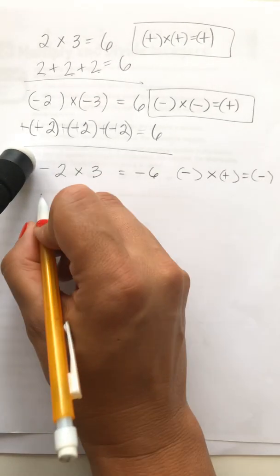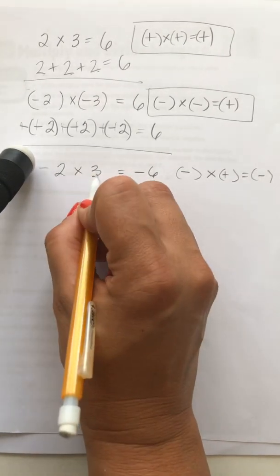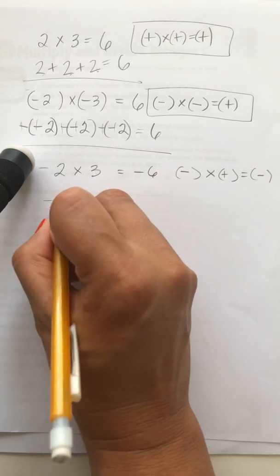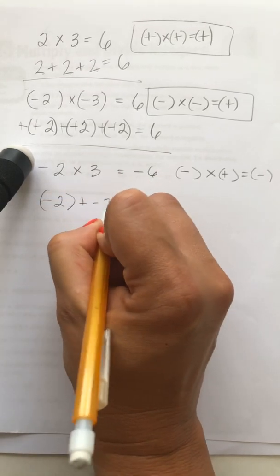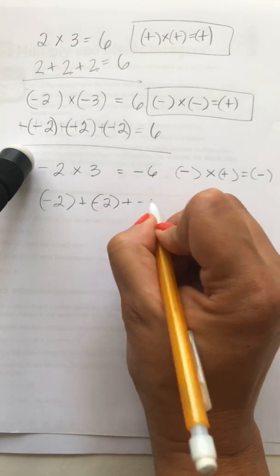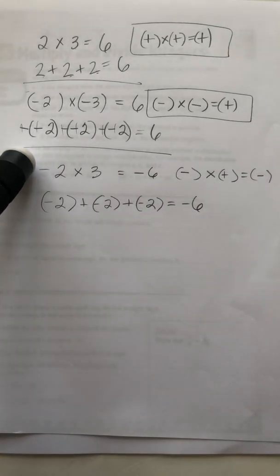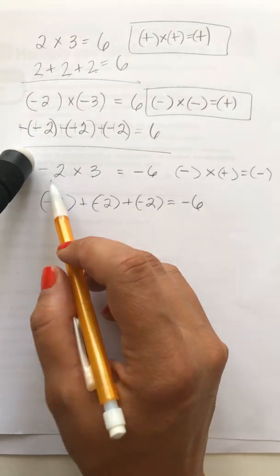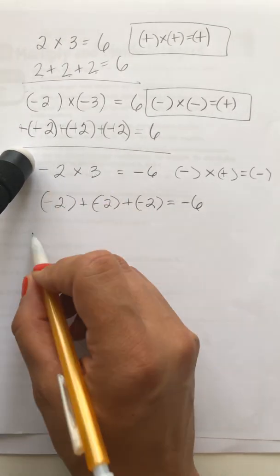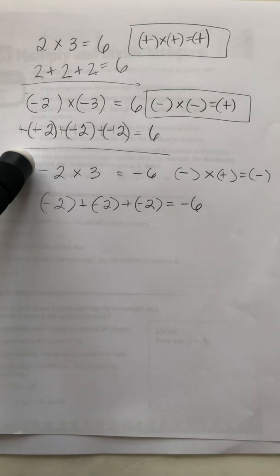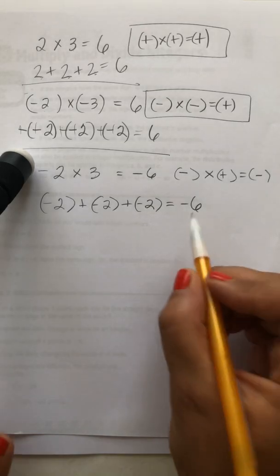Okay? And what that means is, again, this is negative 2 taken 3 times. So it's negative 2 plus negative 2 plus negative 2, which equals negative 6, right? And then because of the commutative property, I can flip that negative around and I'm still gonna get a negative 6.